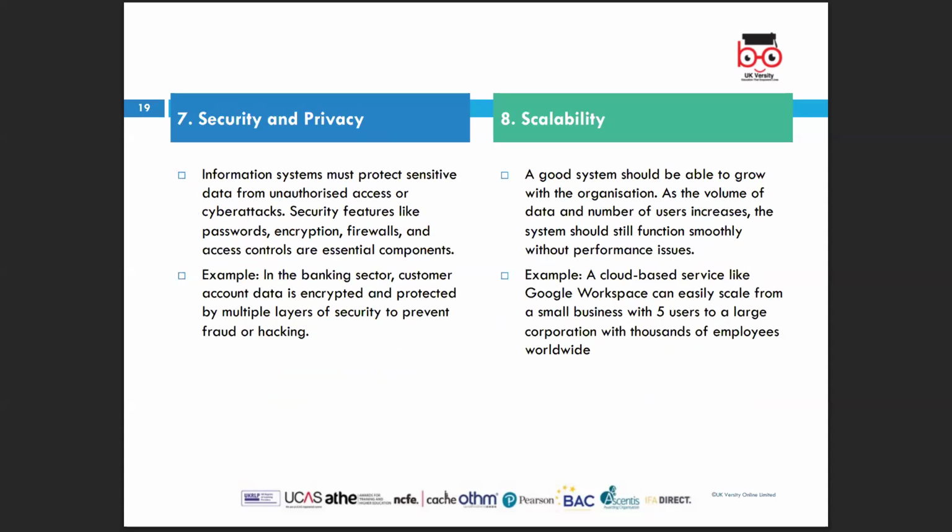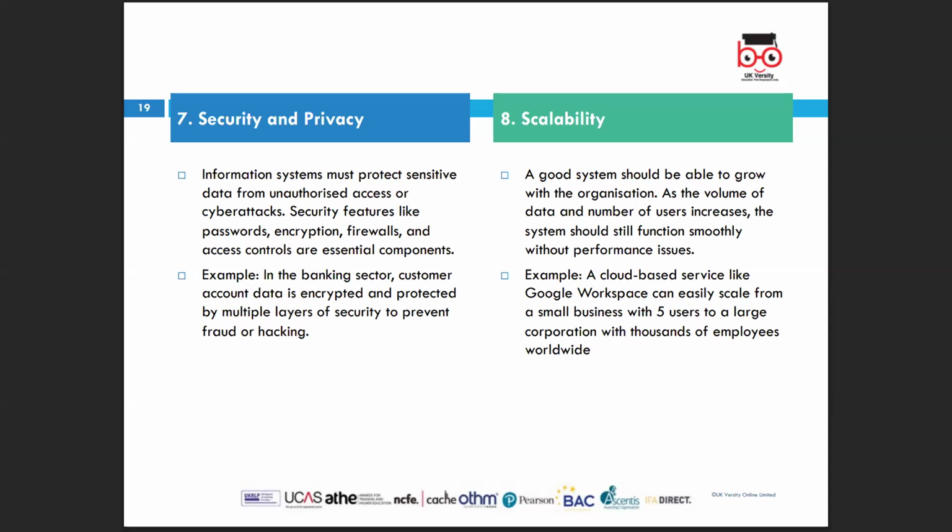So we also have security and privacy, where information systems must protect sensitive data from unauthorized access or cyber attacks. Also, security features like password encryption, firewalls, and access controls are essential components.